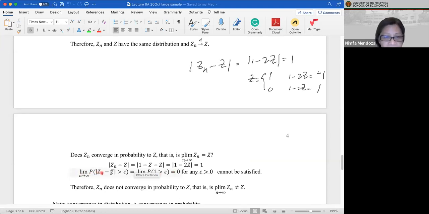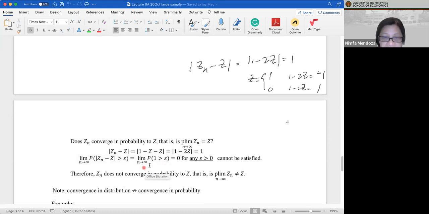So we get the limit of the probability that this absolute value is greater than epsilon as n approaches infinity. But the absolute value of Z sub n minus Z is 1. So the limit of the probability that 1 is greater than epsilon as n approaches infinity being equal to 0, for any epsilon greater than 0, cannot be satisfied.